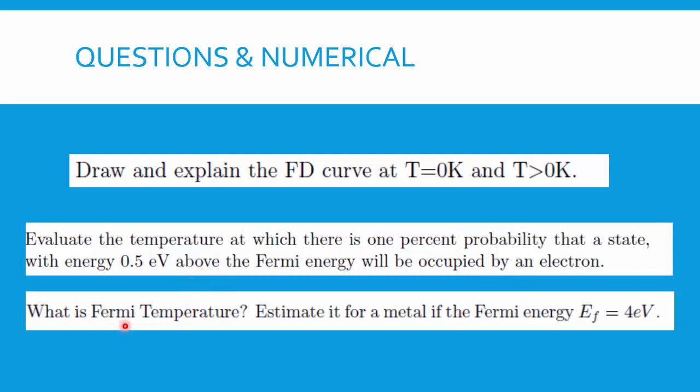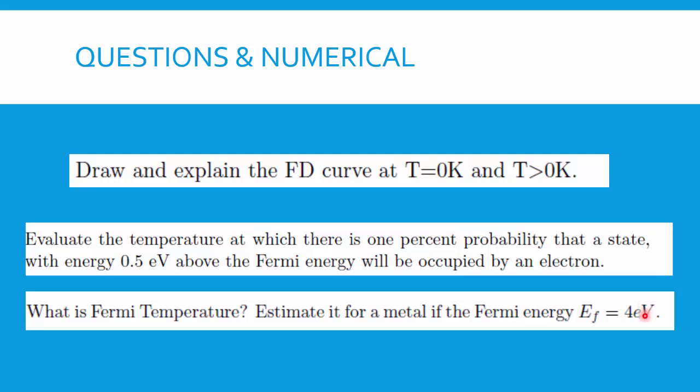What is Fermi temperature? This has been discussed. It is TF, which is equal to EF, the Fermi energy, divided by the Boltzmann constant. And if you are asked what the Fermi temperature is if the Fermi energy is 4 electron volt, you will use the formula TF is equal to EF by K. Here EF is 4 electron volt, so substitute EF as 4 electron volt divided by the Boltzmann constant.